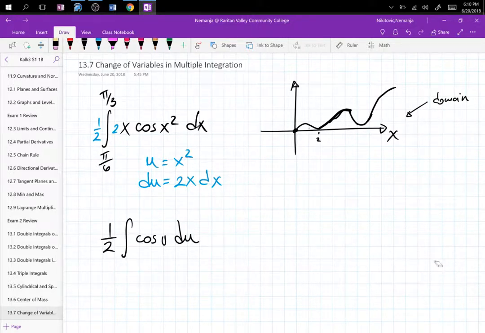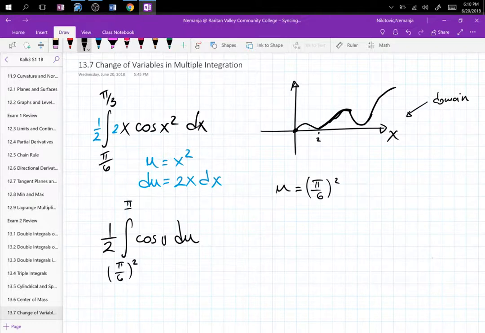That's very easy because we have an equation that connects these things. So my lower limit u is going to be pi over 6 squared, and pi over 3 squared on top. So we just plug each one of these into the U sub we have and compute.